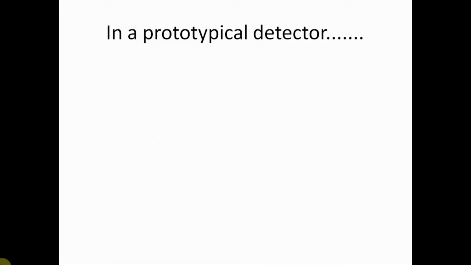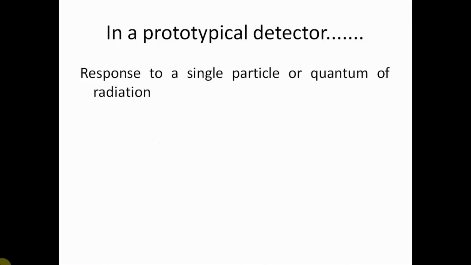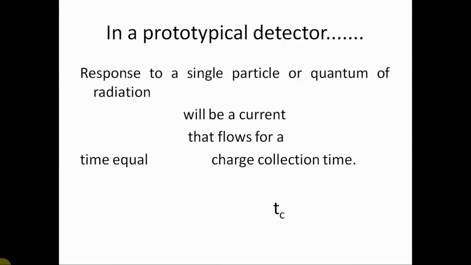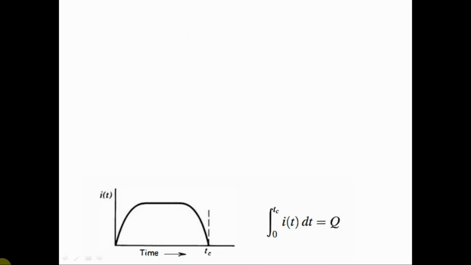So in a prototypical detector, the response to a single particle or quantum of radiation will be a current that flows for a time equal to the charge collection time, that is Tc. The sketch for the same is illustrated as follows.